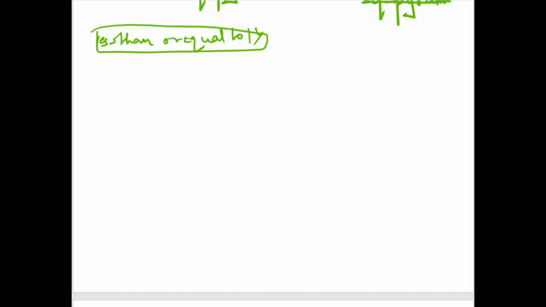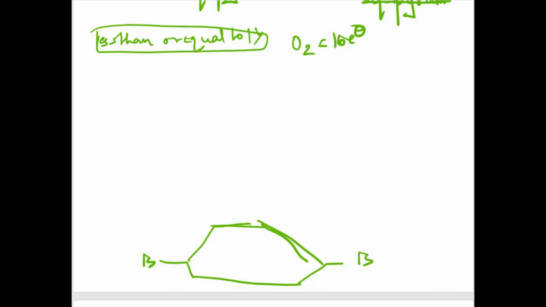Suppose I do it for O2. O2 means 16 electrons, so greater than 14. So how do we draw? I'm not going to draw in a very proper format because it will take time. I think all of you know molecular orbital theory, so I'll not waste time.